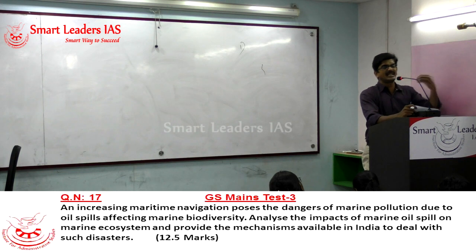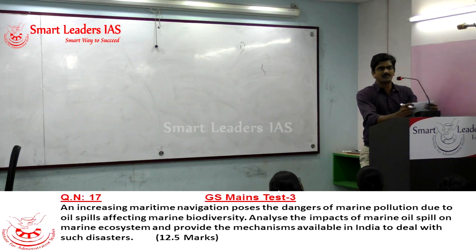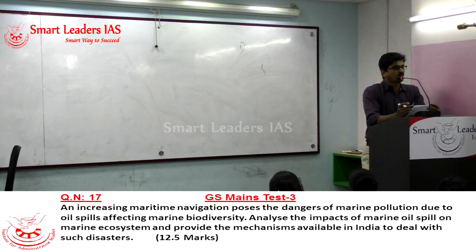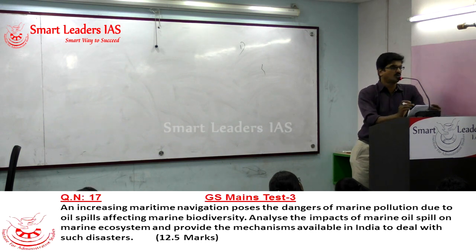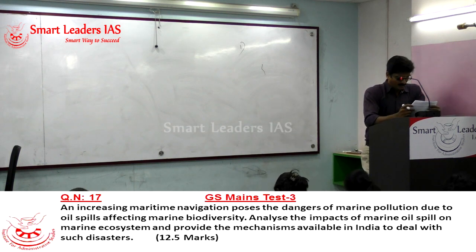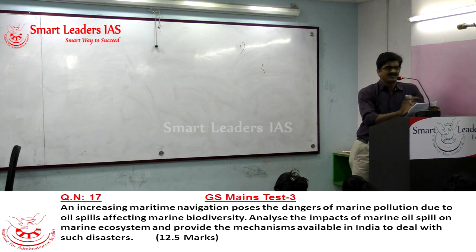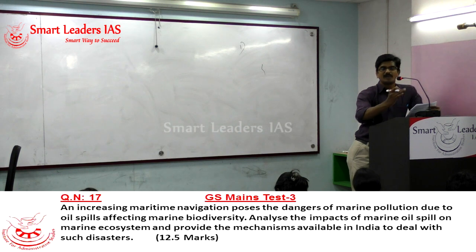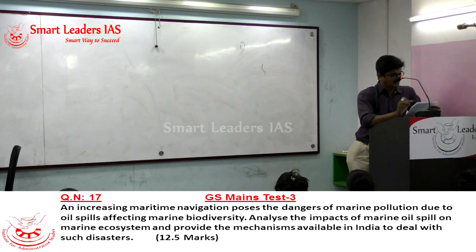When there is an oil spill at a tourist spot, it negatively inspires the tourist to visit the place. Negative impact on tourism. So what are the mechanisms we have? As I said earlier, what I said is only generalistic points. If you have some other points that how it will impact on marine life, you can add. It's a general part. Now comes the specific part.